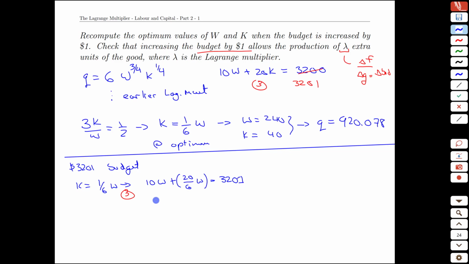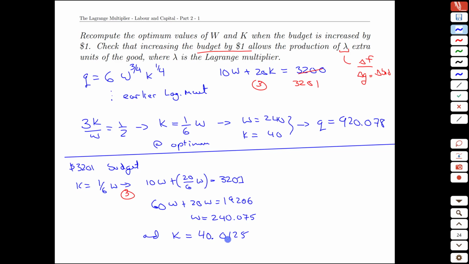Multiplying through by 6, we get 60W plus 20W equals 19,206. And solving for W gives us almost the same as before, 240, but with a little bit of incremental increase because we have a little more money to spend. With that, we also get our capital amount, which is 1/6 of that. And that's, again, almost the 40 we had before up here, but with a little bit extra.